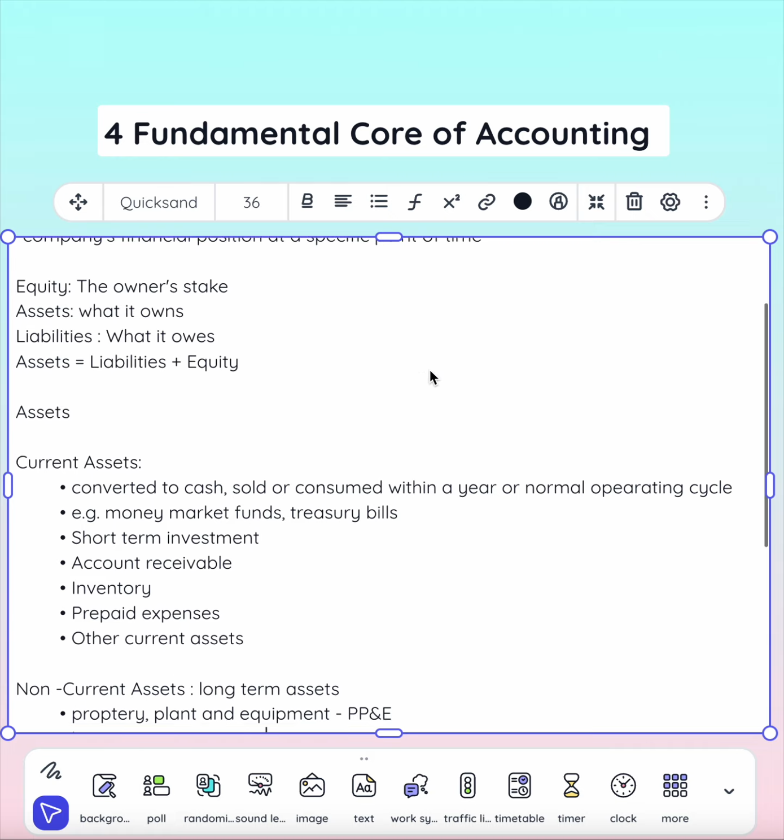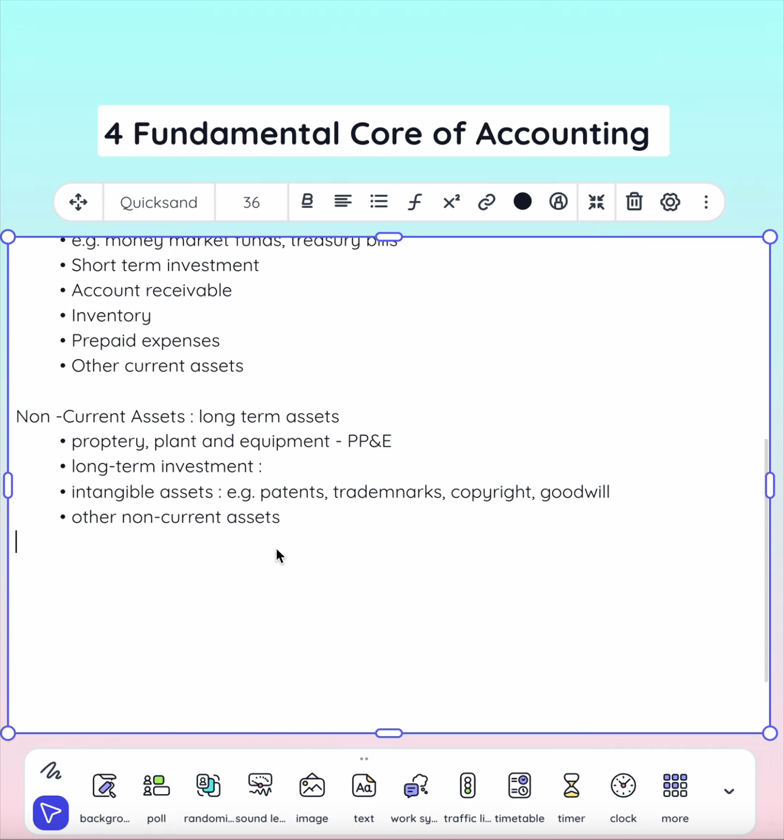So that is all about the assets. Let's now talk about the liabilities. Liabilities represent what the company owes to others, for example bank loans, and are claims against the company's assets.